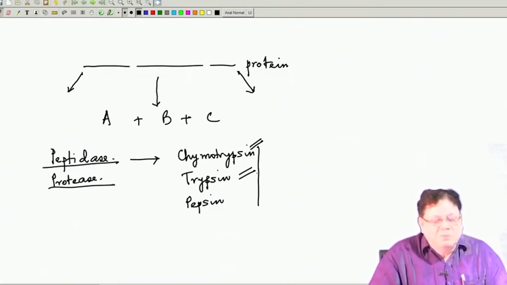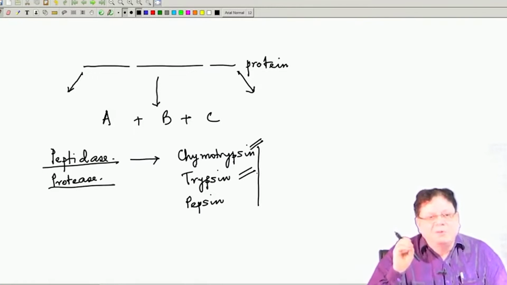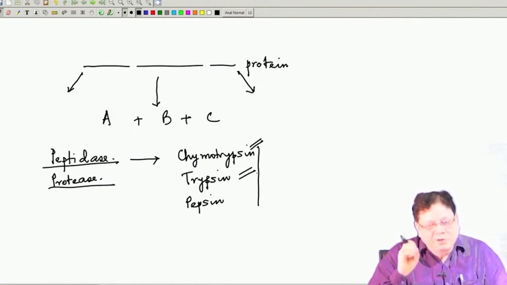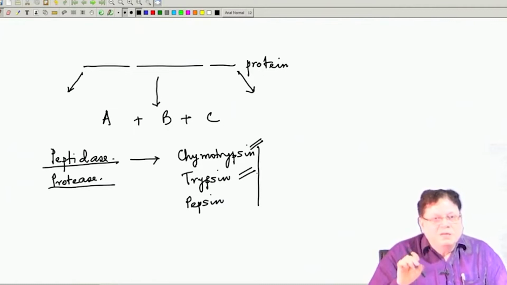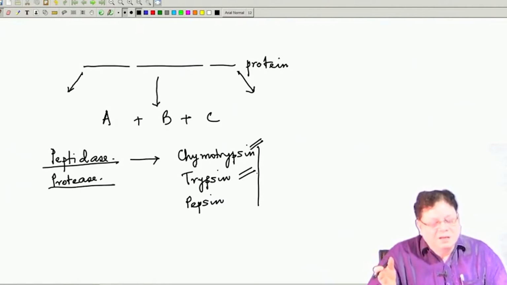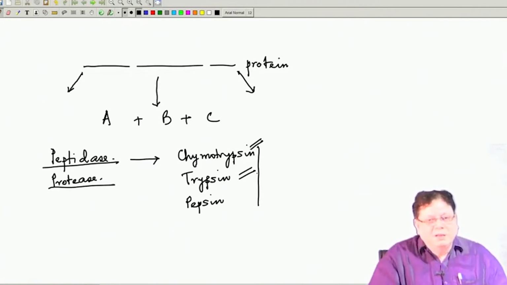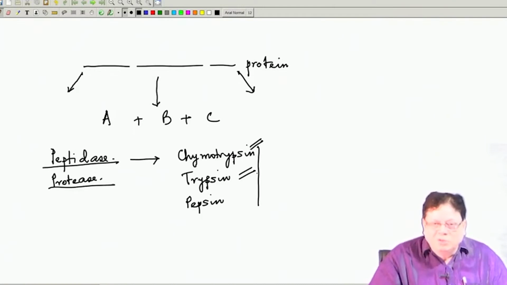Specific means they only recognize certain amino acids, and only when they recognize those amino acids will they cleave the peptide bond associated with them. Any enzyme with a broader specificity, identifying many amino acids out of these 20, can cleave the protein into many fragments, which we do not want.